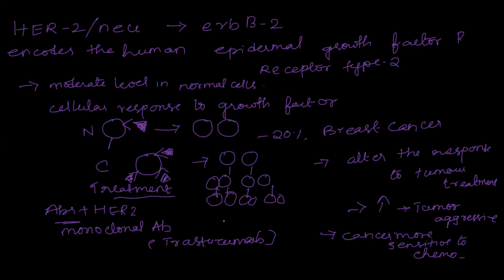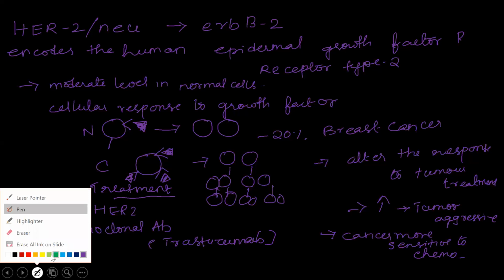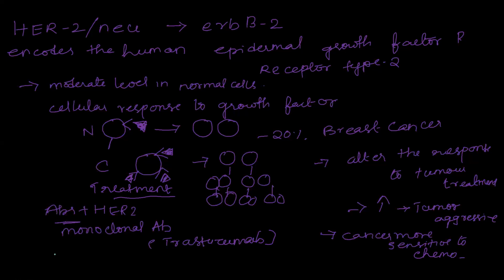What it does is, let me just use a different pen, different ink. In the normal case, as I told you before, we have a receptor for the growth factor. When it comes and binds, the division takes place. Now when it is faulty, you have a couple of receptors present, so cell division takes place at a higher rate.